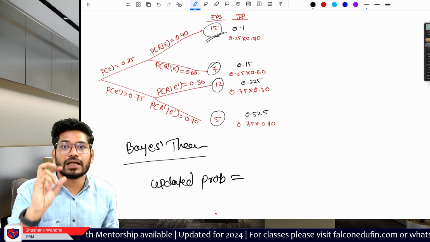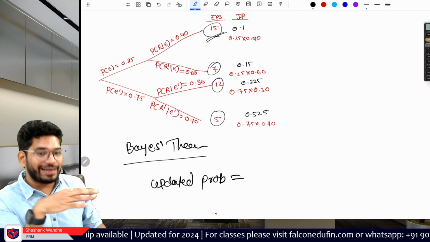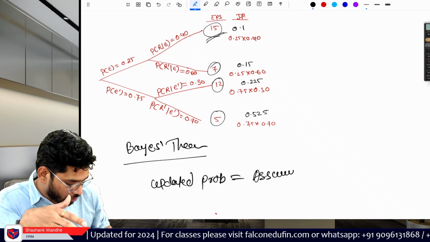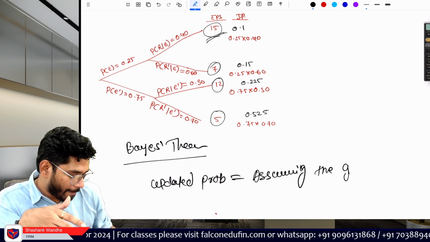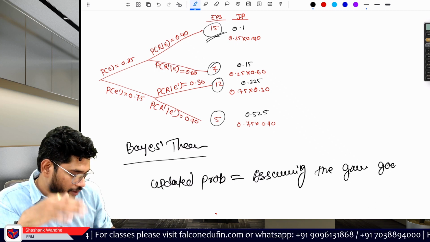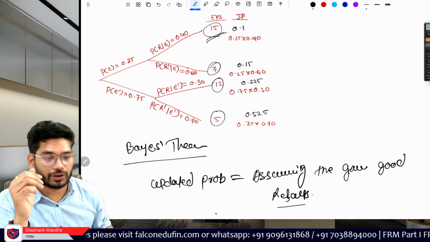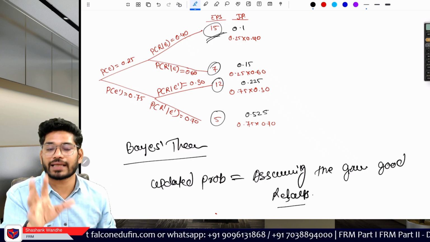And what is this event? The good result or the bad result. Now here we can update the probability, and I'm writing this as: assuming the company gave good results. Okay, so the company gave us good results. This is how we are doing this calculation.